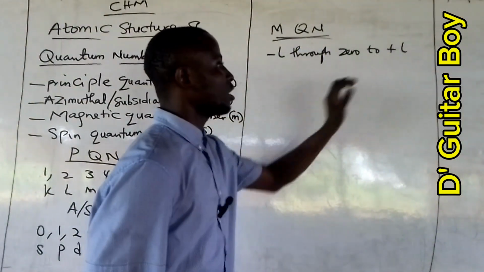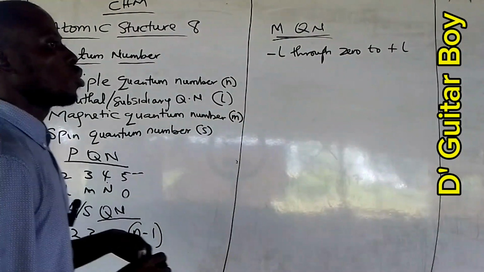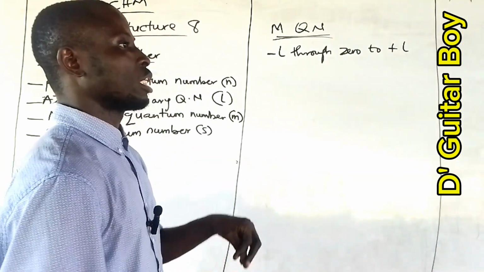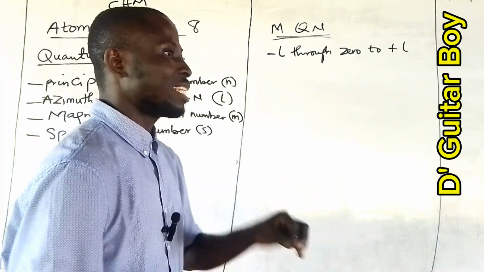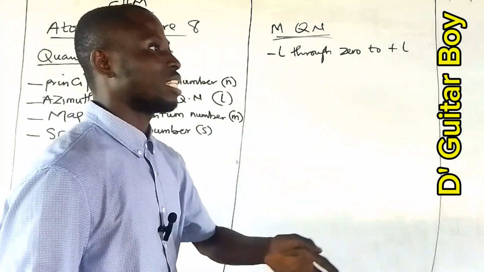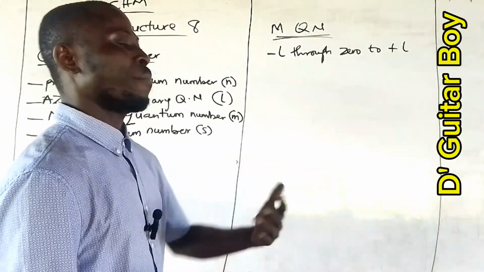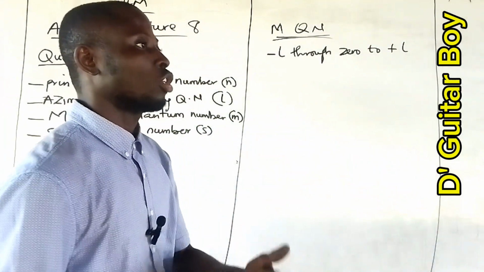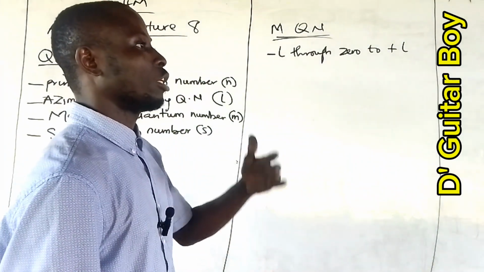The essence of this is to show us that even in the same room, we might have small rooms inside it, which will make the energy of the electron found in them different. For instance, in the master bedroom, you have the toilet, the bedroom, the wardrobe.